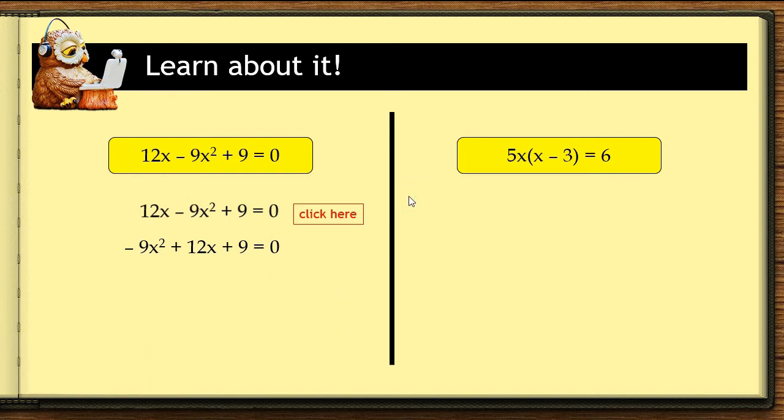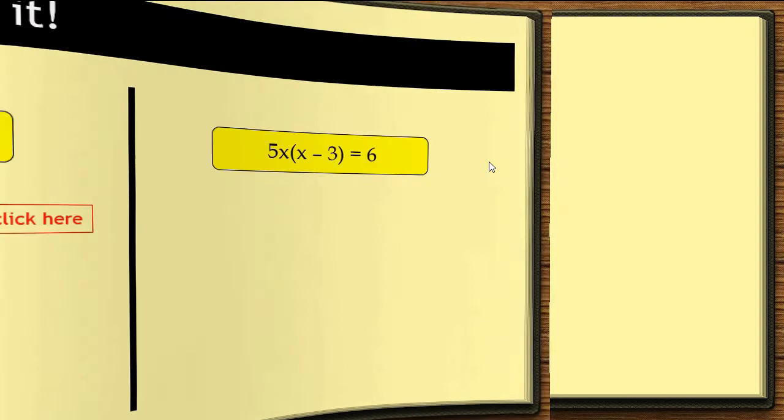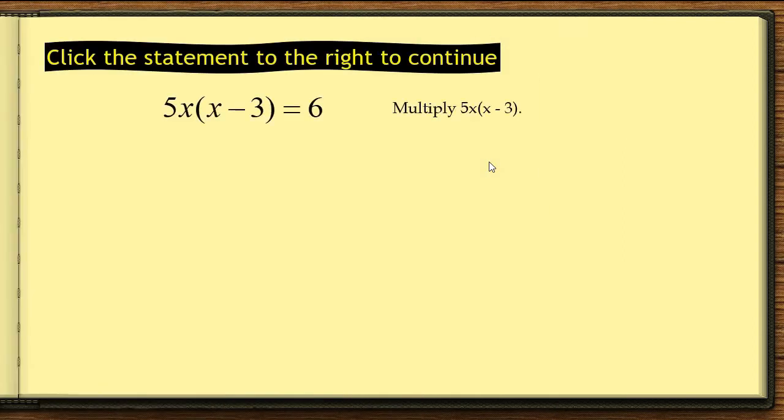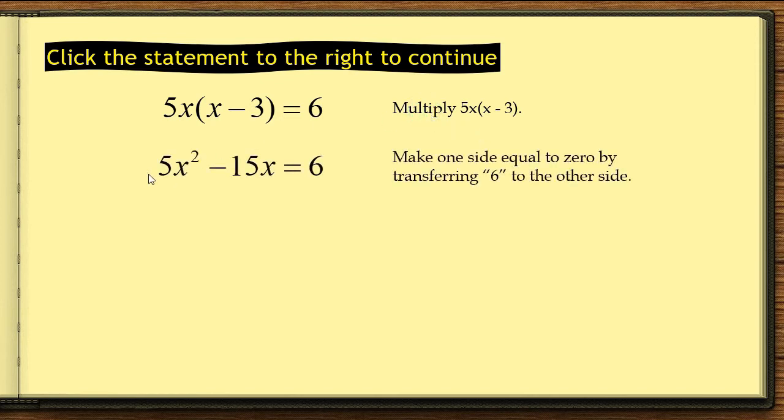The second example is transformable into a quadratic equation. Let's find out how. First, we need to multiply 5x and x minus 3. We will have 5x squared minus 15x equals 6.